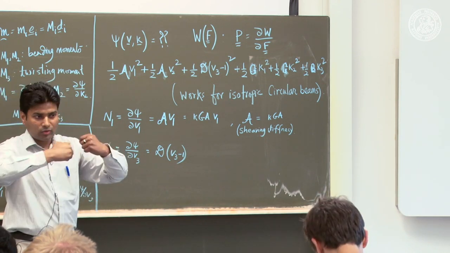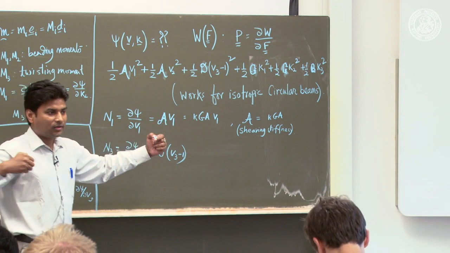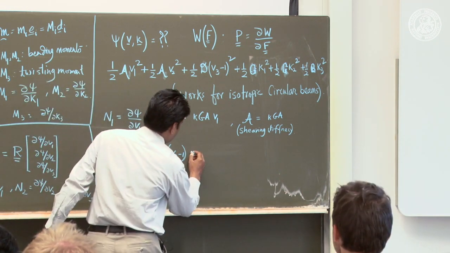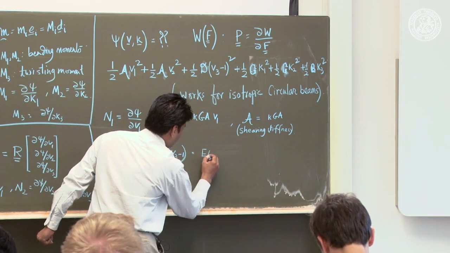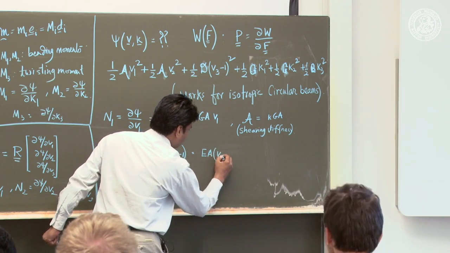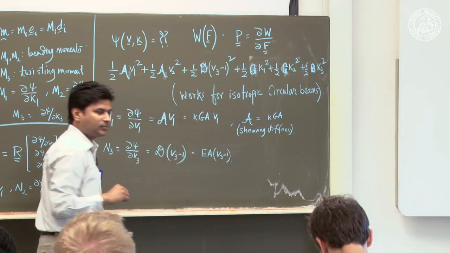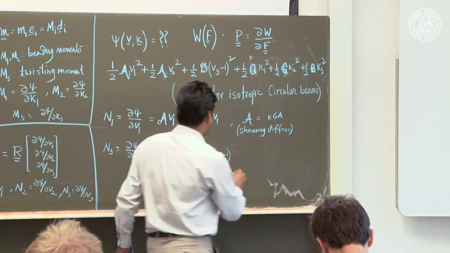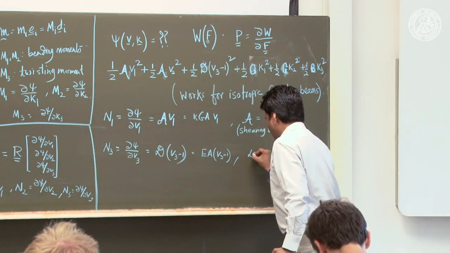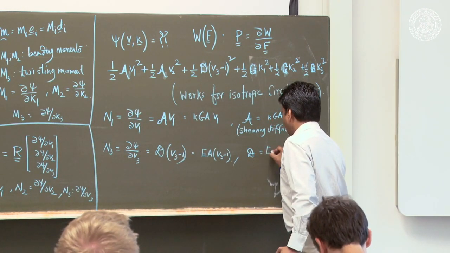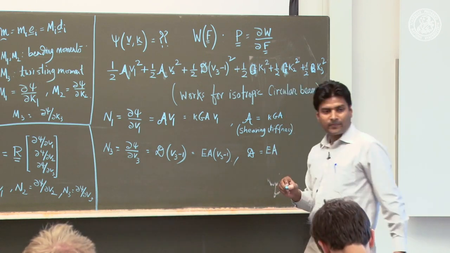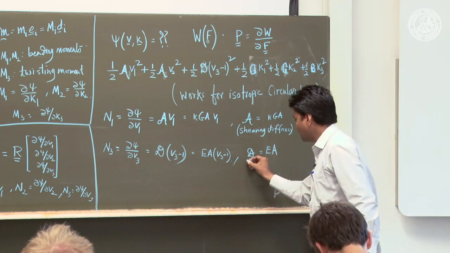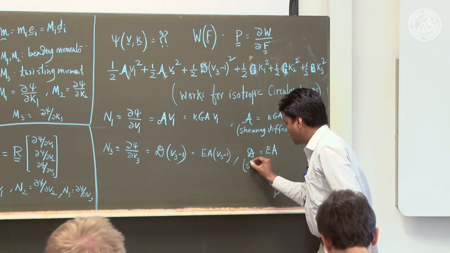If you have a bar and you are stretching it, what's the axial force equal to? That's EA times V3 minus 1, right? So what that tells us is that your D is equal to EA. So D is actually the stretching stiffness.